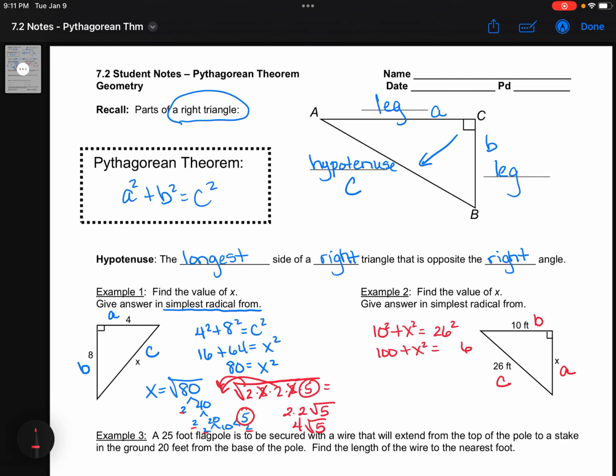Wish I had a calculator. 676. Subtract 100 from both sides.